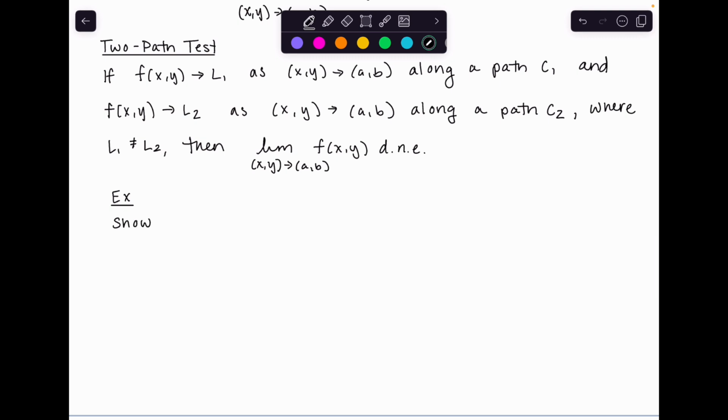Let's go ahead and show that the limit as xy approaches 0, 0 of x to the fourth minus 4y squared divided by x squared plus 2y squared does not exist.